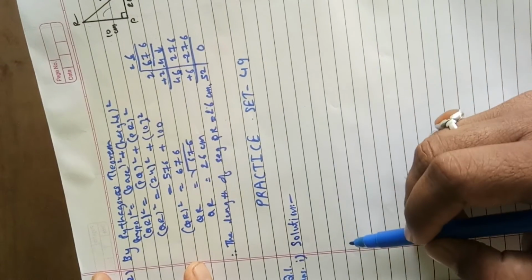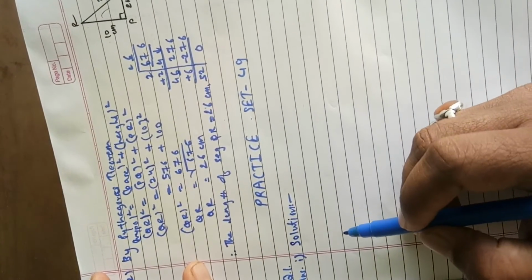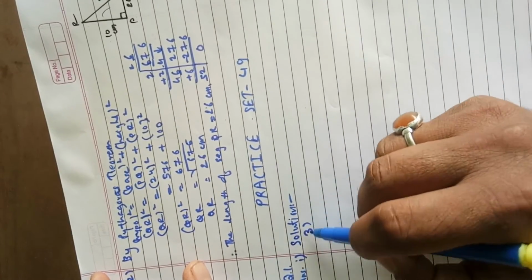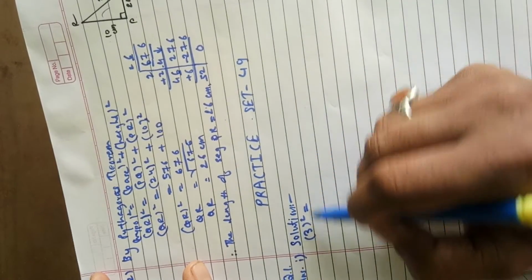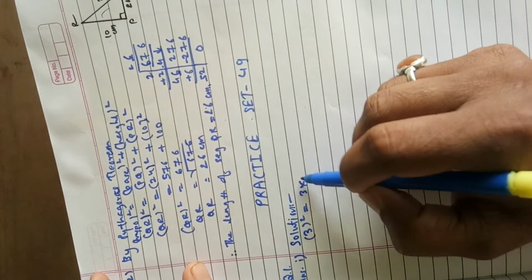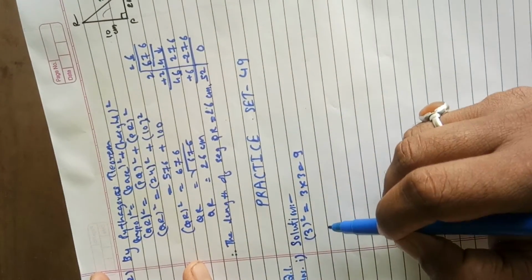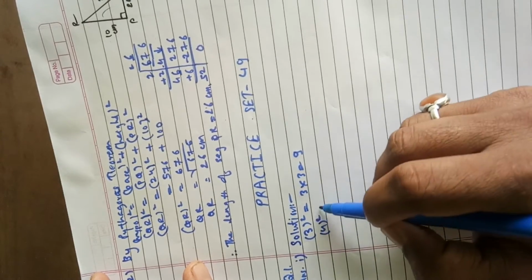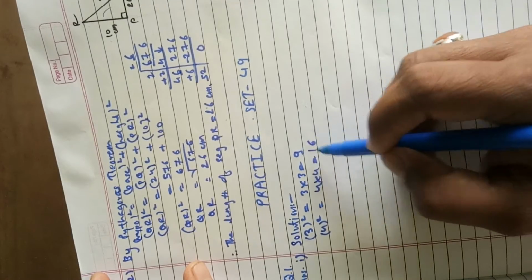Okay. Now after solution, what to do here? We have the numbers 3, 4, 5. So we want square of 3. Square of 3 is 3 into 3, that is equal to 9. Then the other number is our 4. So 4 square means 4 into 4, that is 16.